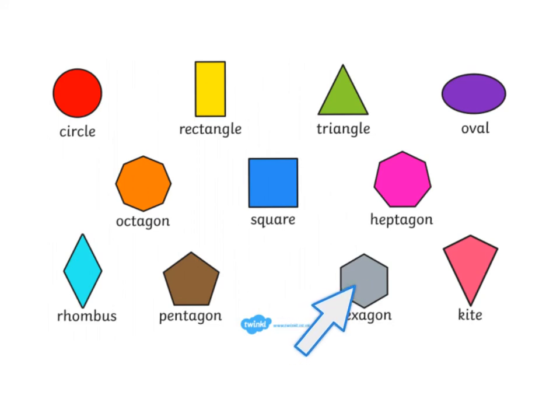This 6-sided shape here, this grey one, is called a hexagon. See if you can repeat it. Hexagon. That's right, hexagon. And now I am going to let you try an activity. Good remembering of some of the shapes. Well done.